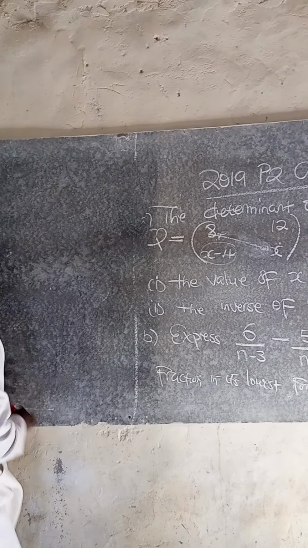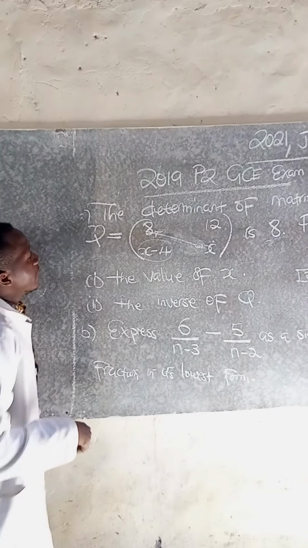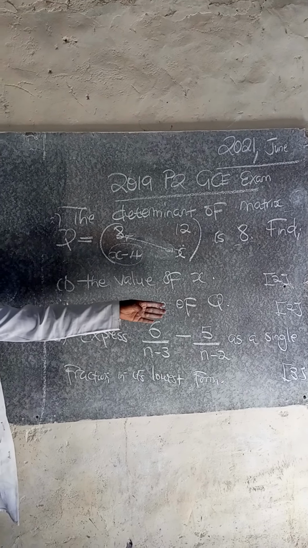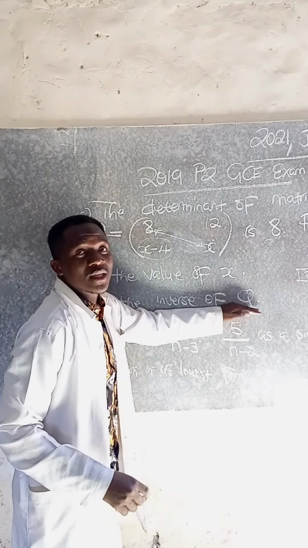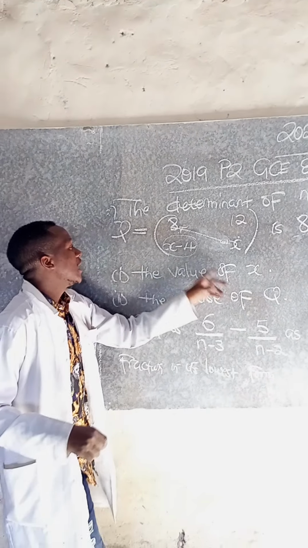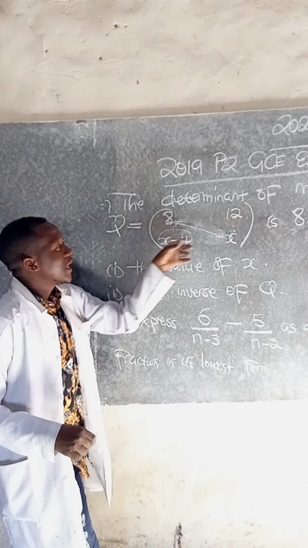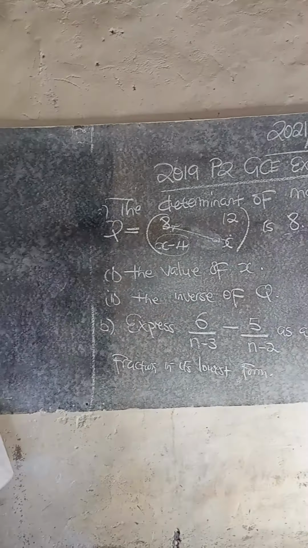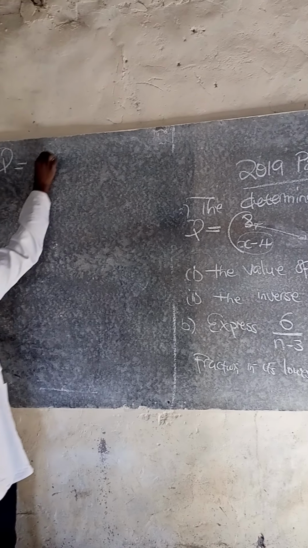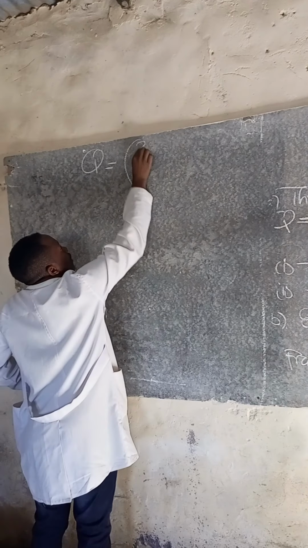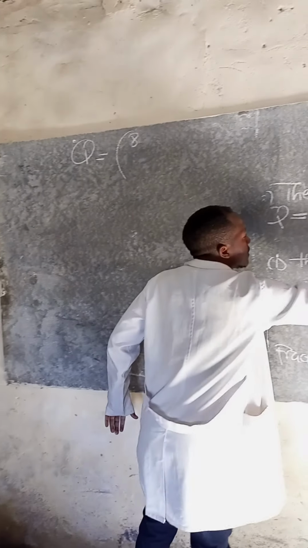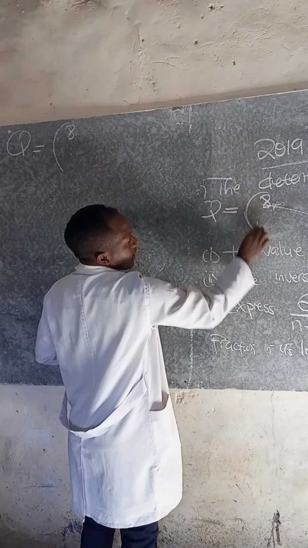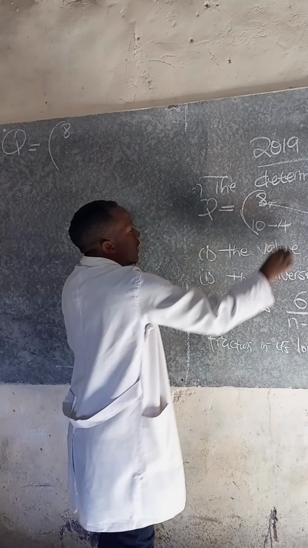The other question is saying, find the value, the inverse of Q, the inverse of a matrix. Since this matrix was incomplete, we are supposed to replace throughout the expression the position where x was lying. So we have matrix Q, which is equal to: this is going to become 8, but this is going to become, for x was 10, so it's going to become 10 minus 4.